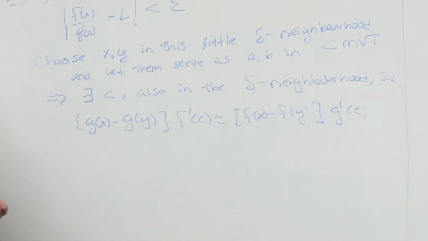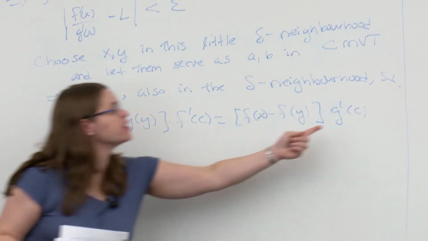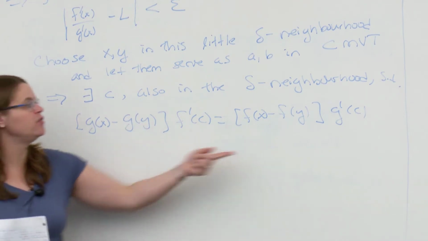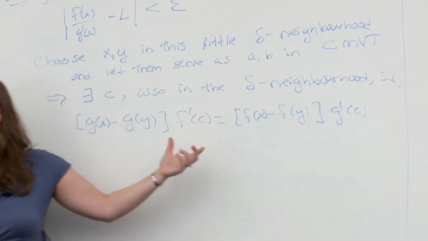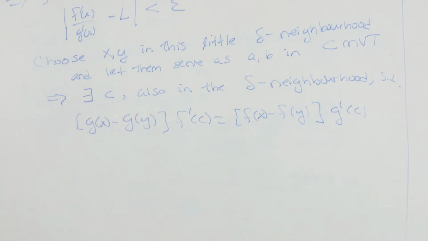It would be great to rearrange these a little bit. If I could divide out the g prime and divide out this, I'd have an f prime of c over g prime of c. I could solve for f prime of c over g prime of c.